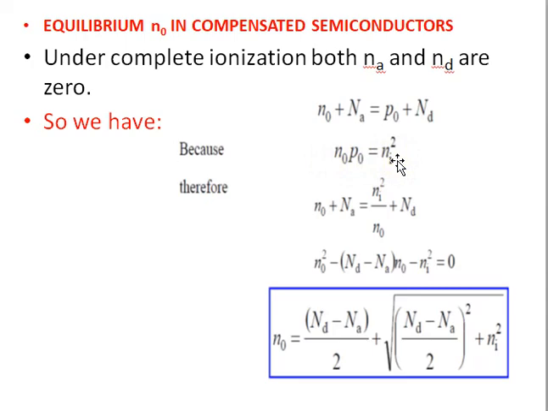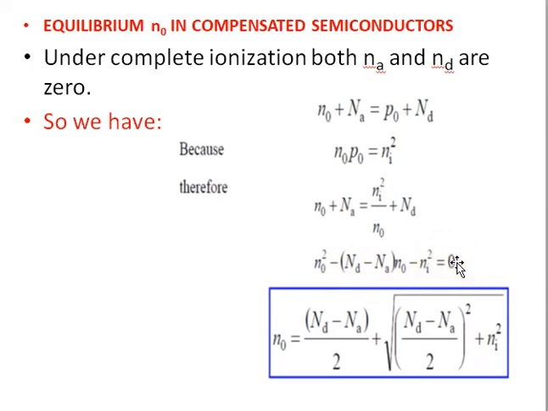Now, if I wish to make P0 the subject, P0 should be equal to Ni square all over N0. So I will substitute it here. N0 plus Na is equal to Ni square over N0 plus Nd. If I multiply through by this N0, after rearrangement I am left with N0 square minus (Nd minus Na) times N0, then minus Ni square, equal to 0.